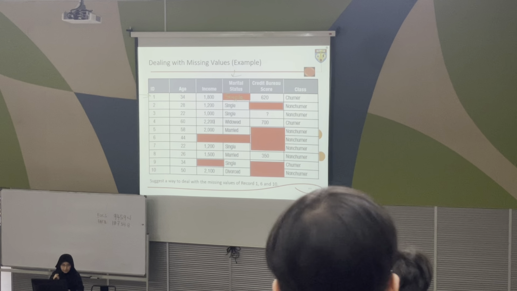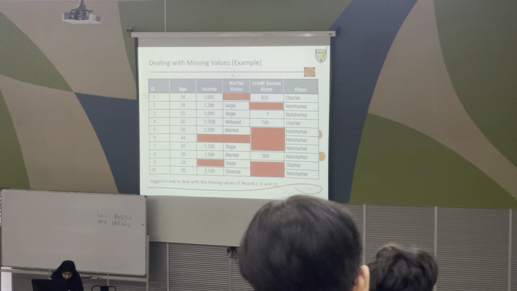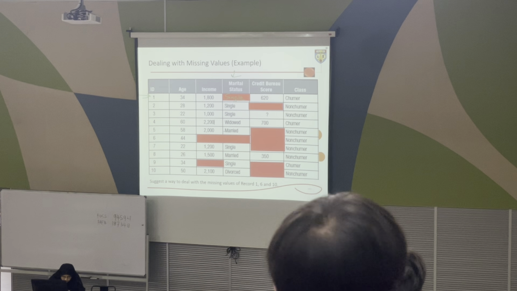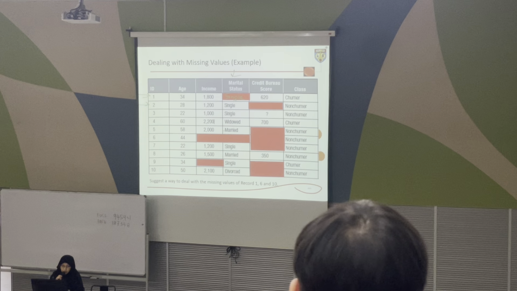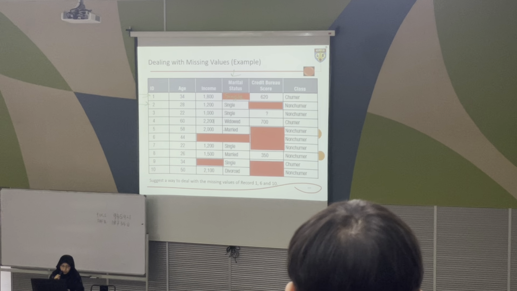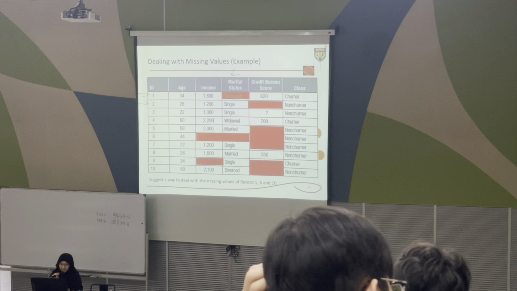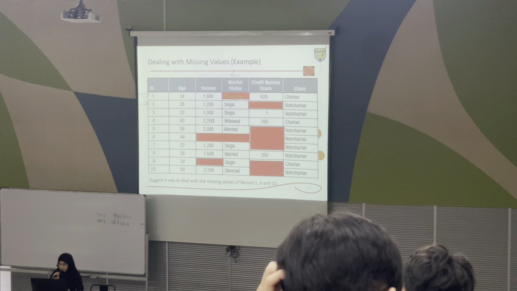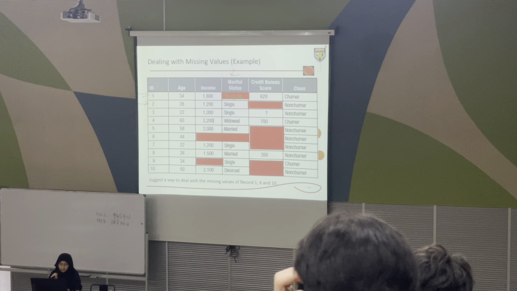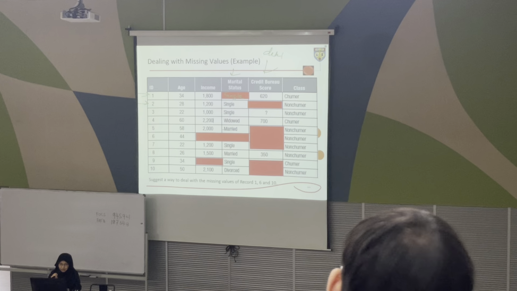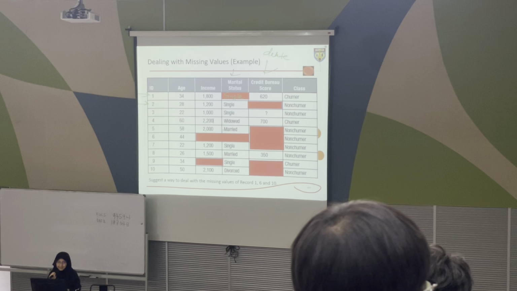Okay, and then for the second record, we have credit bureau score. Because there is not much information about this feature, if you find out that the feature credit bureau has a lot of missing values, in this case you can delete the whole feature.